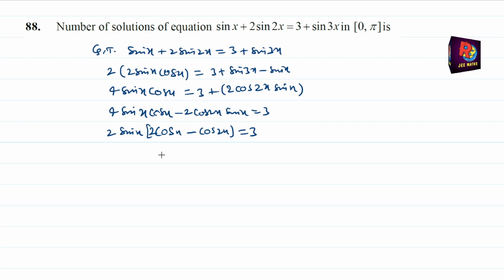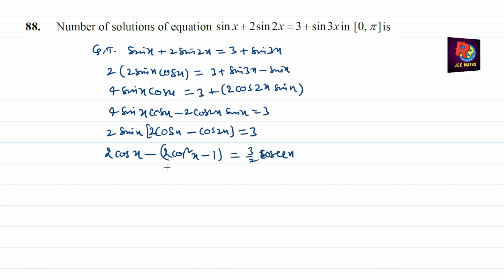So 2 cos x minus, I can write this value as 2 cos square x minus 1, is equal to 3 by 2 into cosecant x.